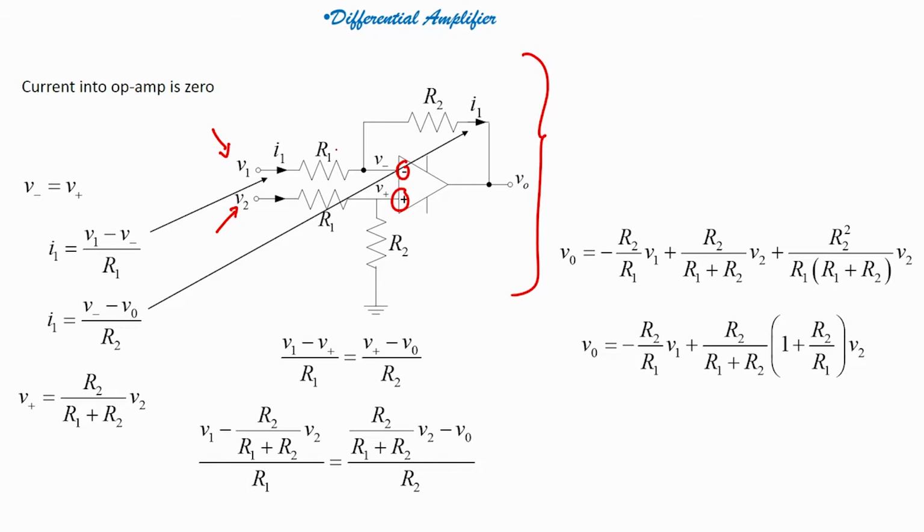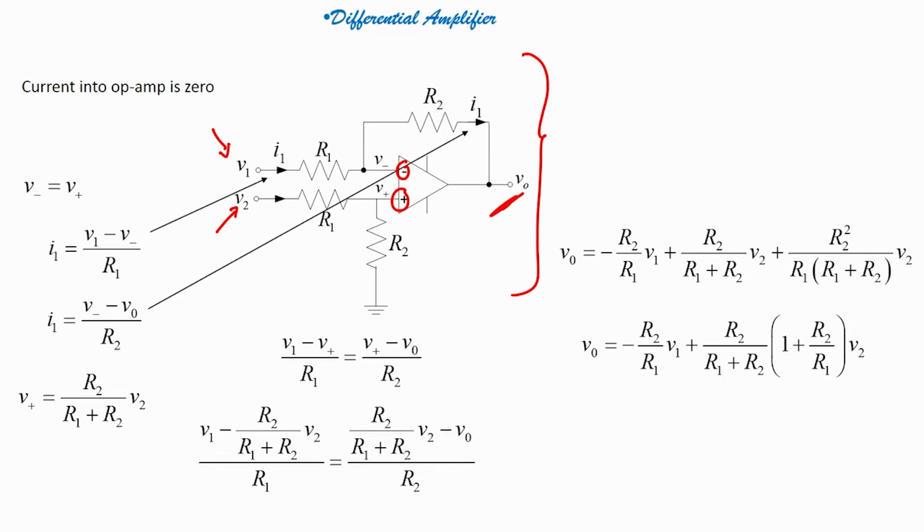I have values R1, R2. In this configuration, how can I find my output voltage VO? First, I have to find the relation between R2, R1, V1, V2 with respect to VO.